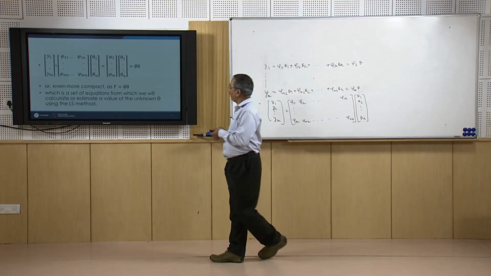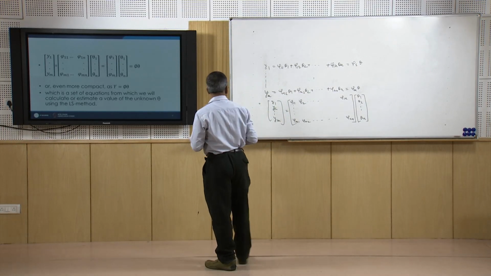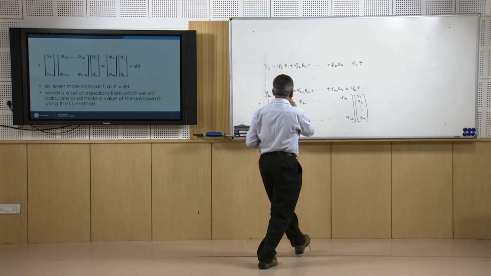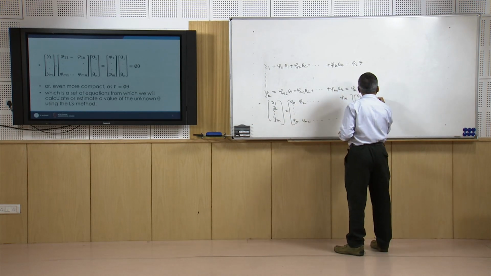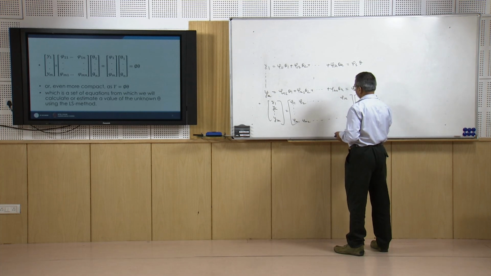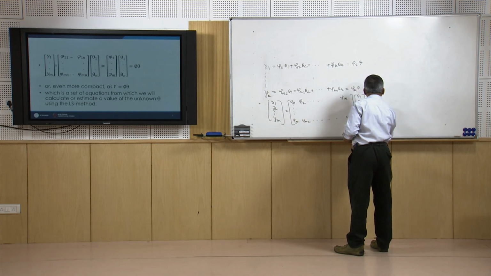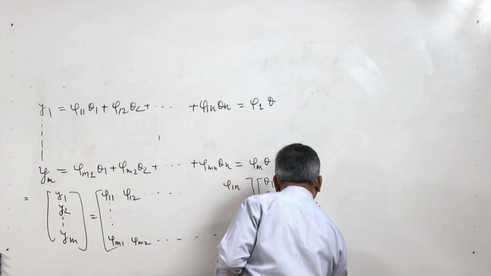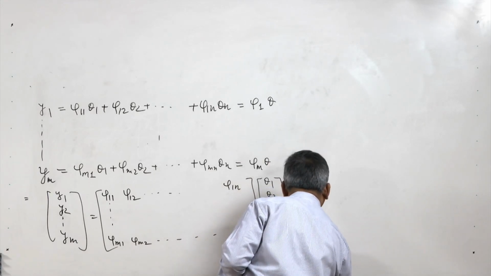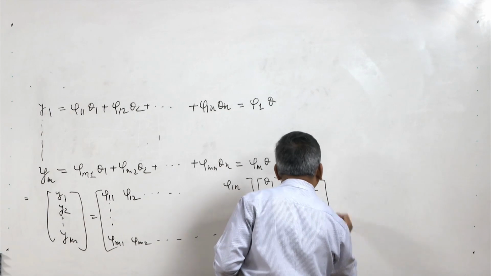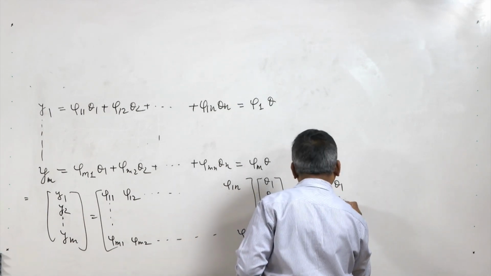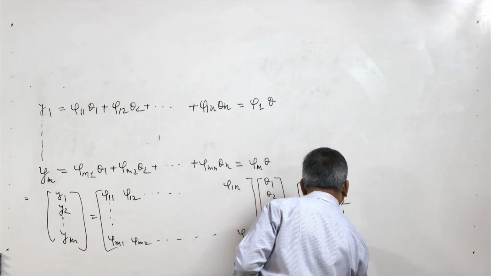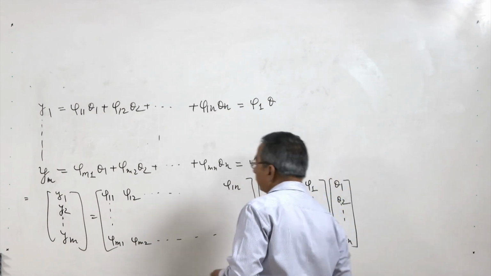Okay. So, this way we can write it, or in short this can be written as: this row I am expressing by phi 1, then we will have another row expressed by phi 2, and then I am writing this by say phi m, and here I am writing this as theta 1, theta 2, and here theta n.